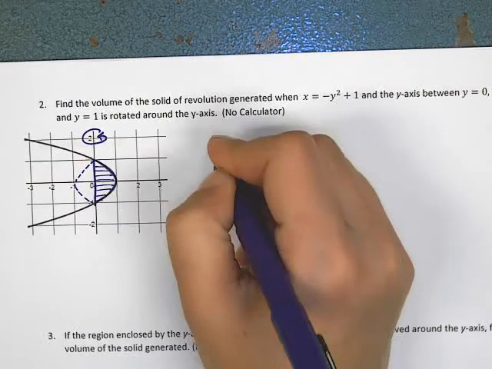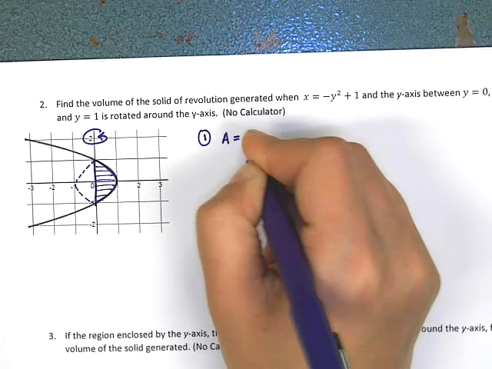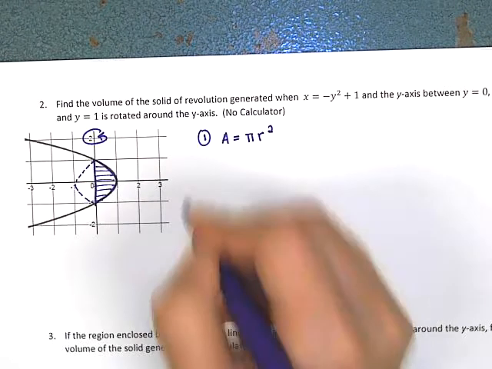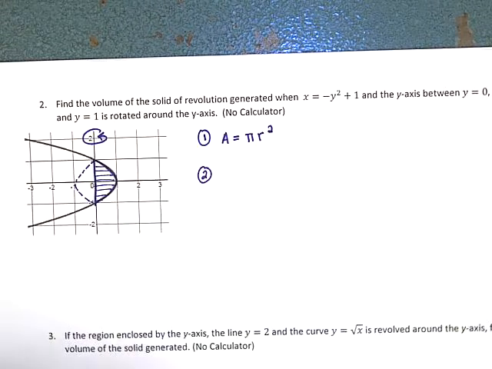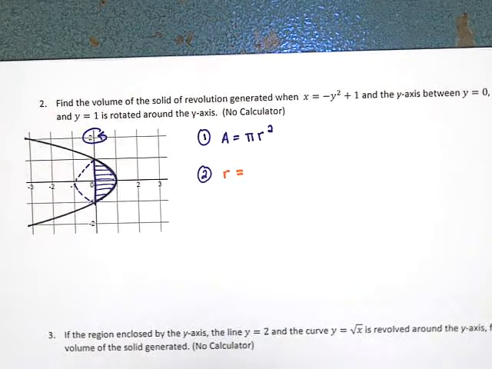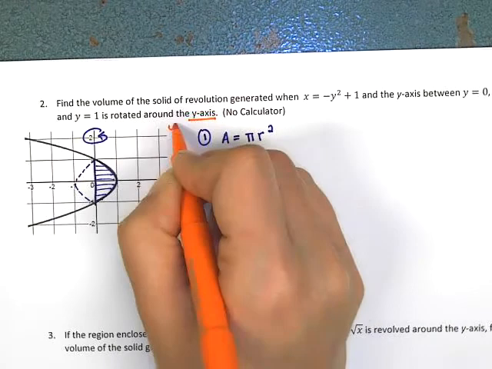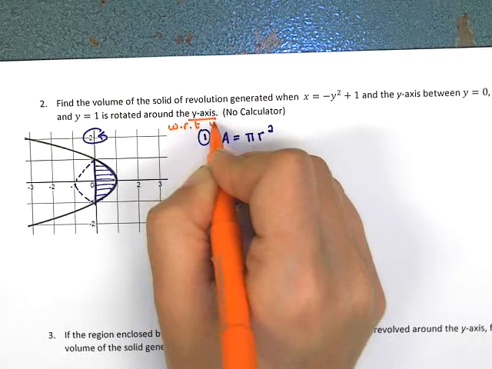Now, because I'm spinning something, my area formula for each of my slices is pi r squared. And because I need to figure this out in terms of x or in terms of y, I'm going to set this up and try to figure out what my r represents. Now in this problem, because I'm spinning around the y-axis, I'm going to set everything up with respect to y.